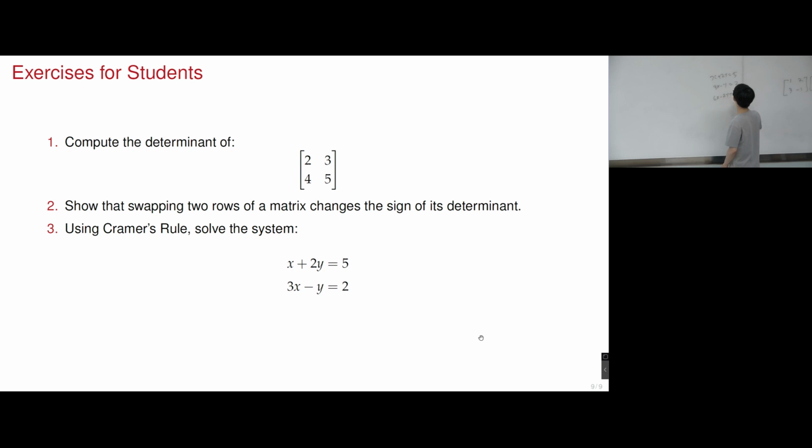Let's just solve it. 7x equals 9. This is going to be a bit complicated because the answer is not an integer. Am I correct? I'm right. Okay.